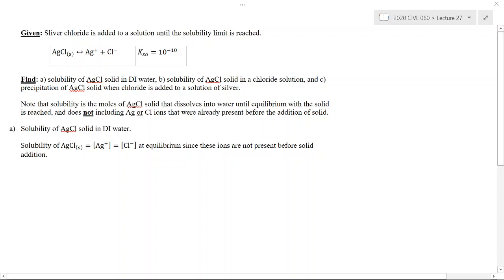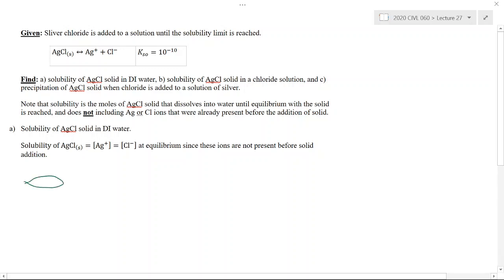And one thing to note is that the solubility of silver chloride is going to be equal to the silver ions in the deionized water and also equal to the chloride ions. The reason that they're equal is because they're being added at the same rate since they're being added as silver chloride. So let's consider what this would look like.